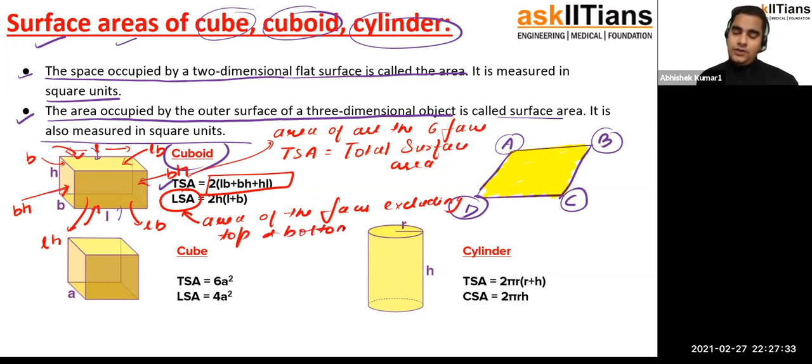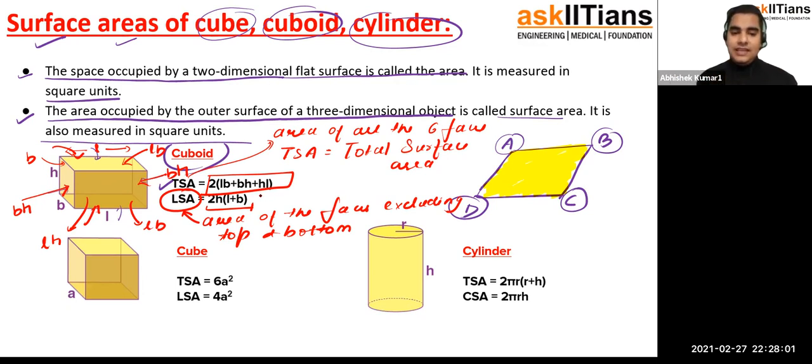So if you exclude the area of top and bottom, you get 2(L plus B) into H. This is very similar to the situation when anybody asks you to find the area of the four walls of a room. If you have to calculate the area of four walls of a room, you exclude the area of top, exclude the area of bottom, and add the area of the four walls, and you get the exact same value.